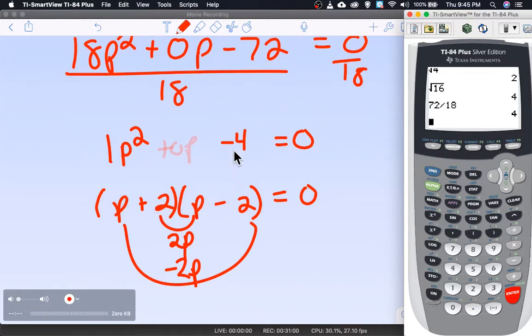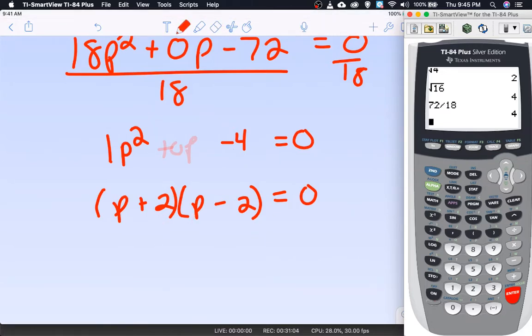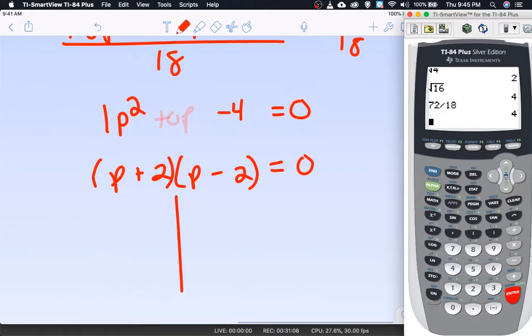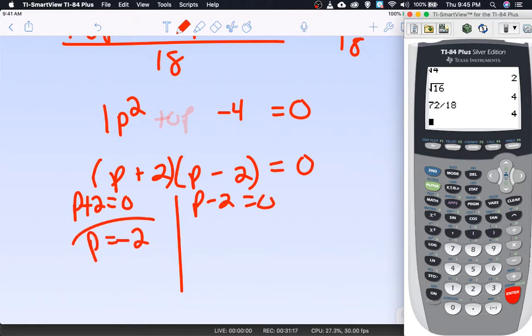Positive 2 times negative 2 is negative 4. Everything is good. So when we solve, we have p plus 2 equals 0 and p minus 2 equals 0. Solving both, p either equals negative 2 on the left or p equals positive 2 on the right.